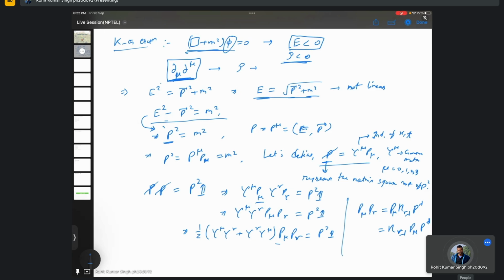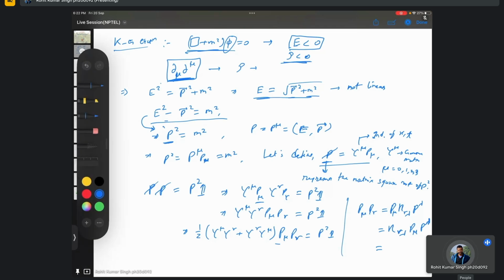Okay, so then, what we can do is, these are dummy indices, so I'll write mu nu, and then mu, and here I can take mu, right?